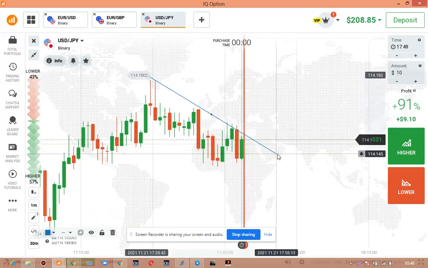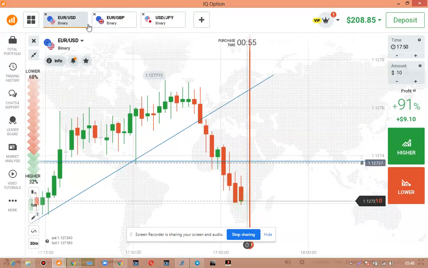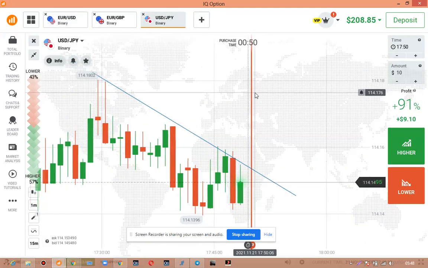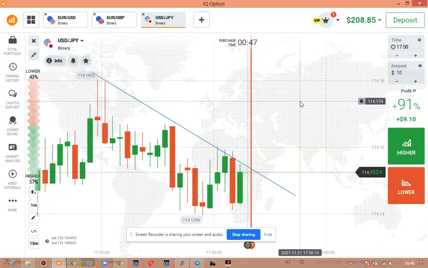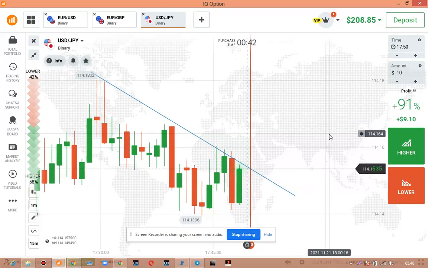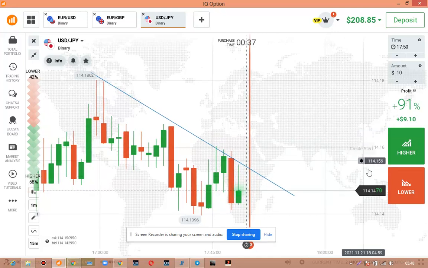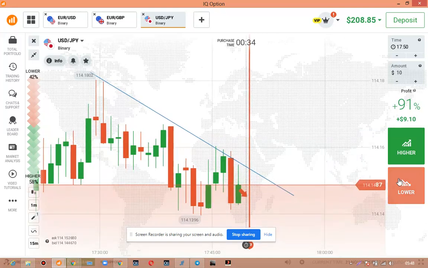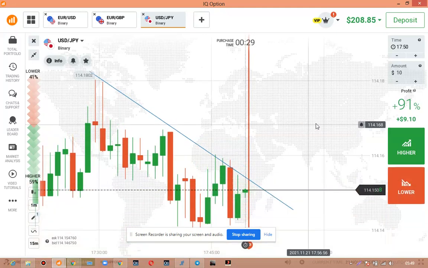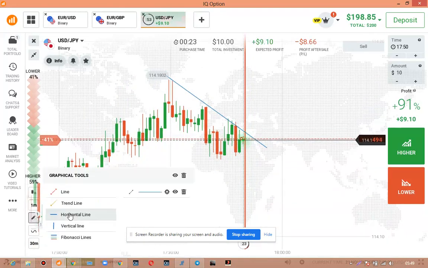The minor trend is down. So I place put option because the minor trend is down.